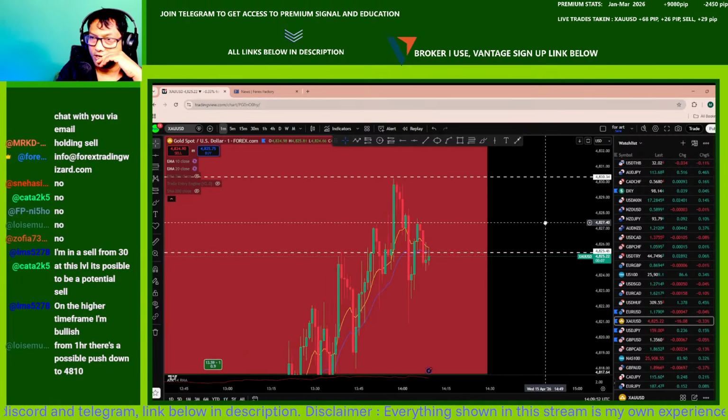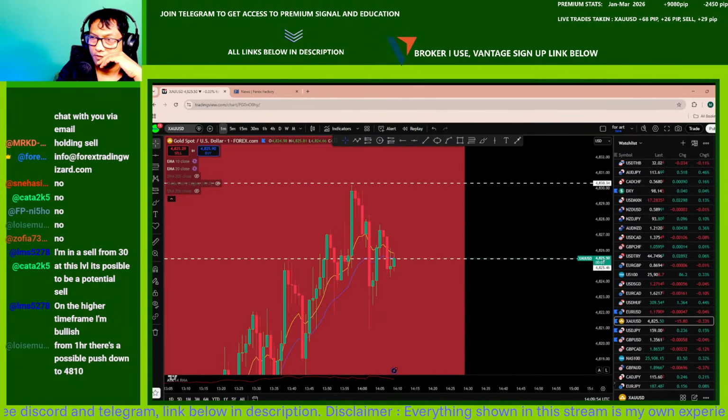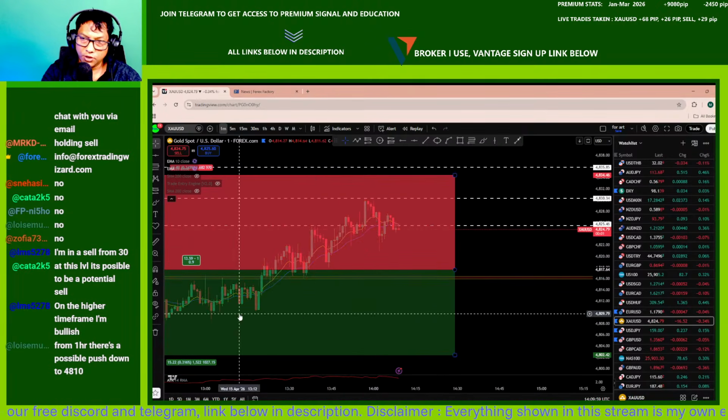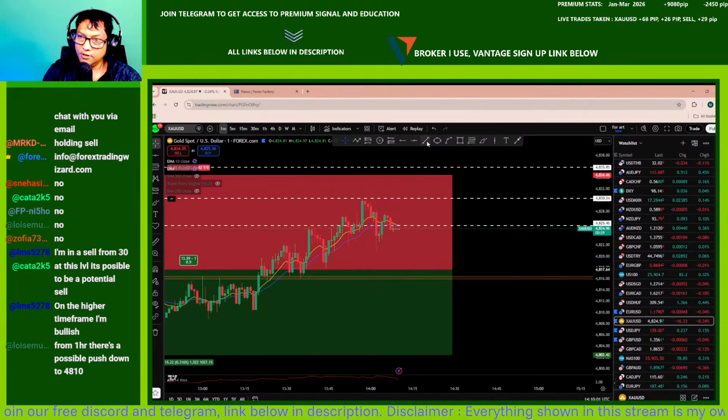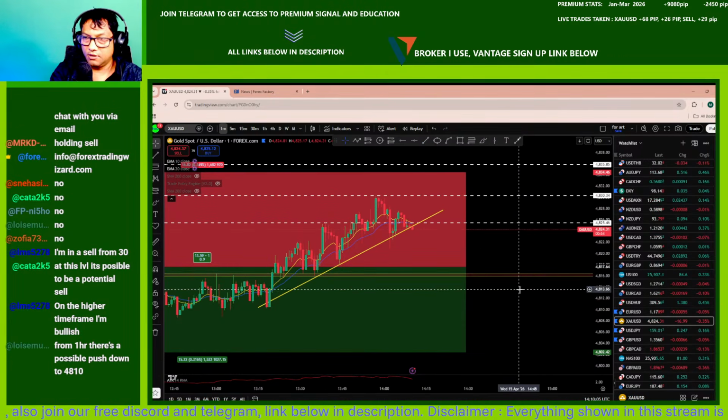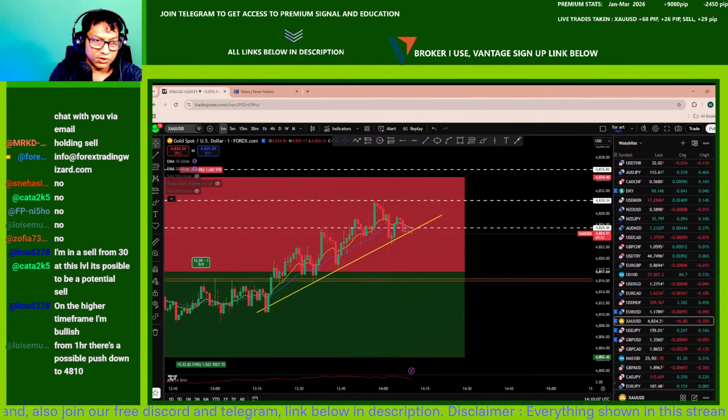Okay, so the market, if we look at here, it's creating a consolidation pattern. The trend is still showing that there is a trend line here. Now, the break of this trend line can create a possibility for further downside in this market.